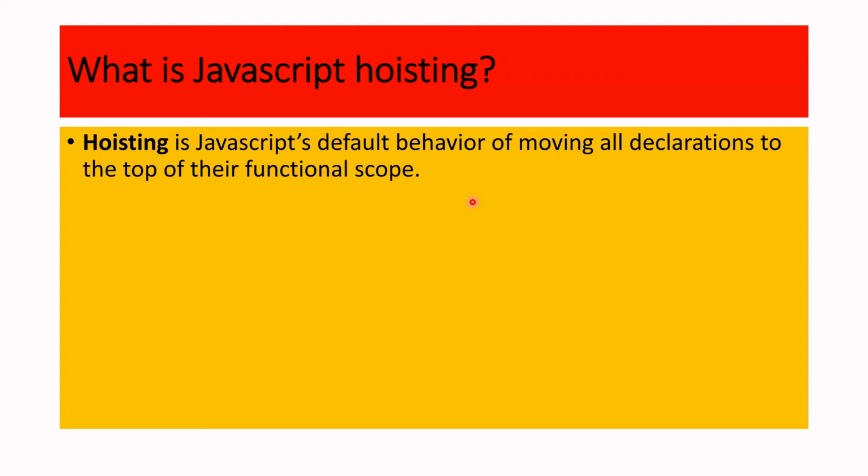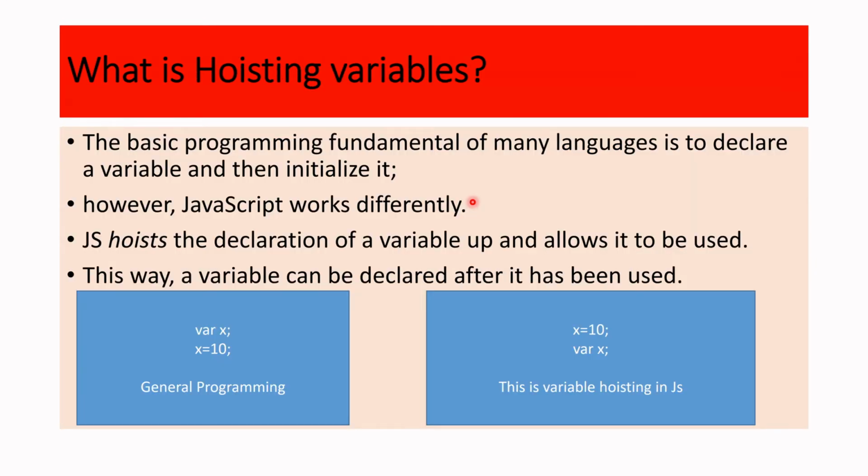Similarly, this is the default behavior of JavaScript. So let's first understand what hoisting variables is. The basic programming fundamental of many languages is to declare first: we write a variable x, and then we assign the value 10 to x, right? We are going to store the value.